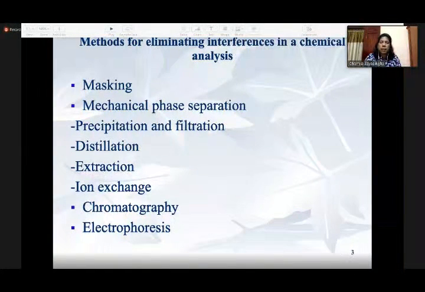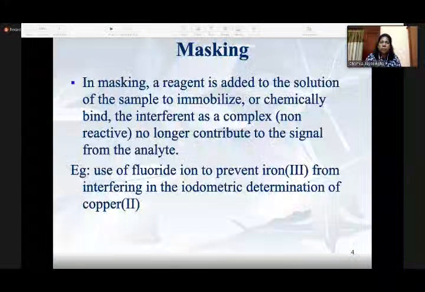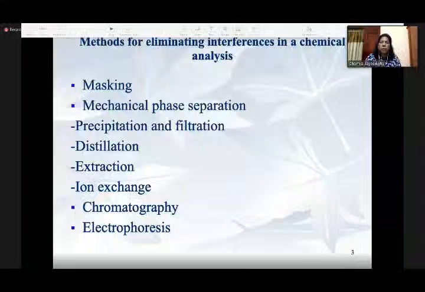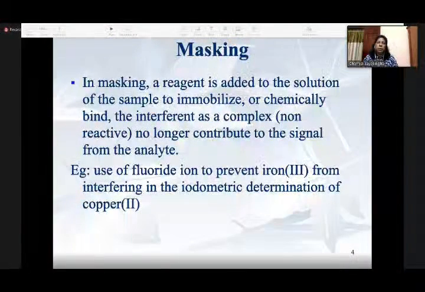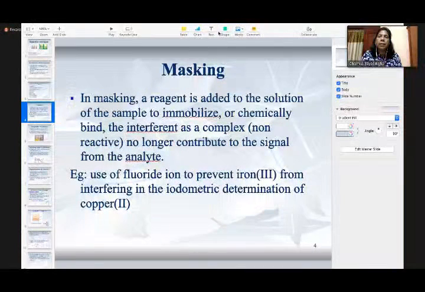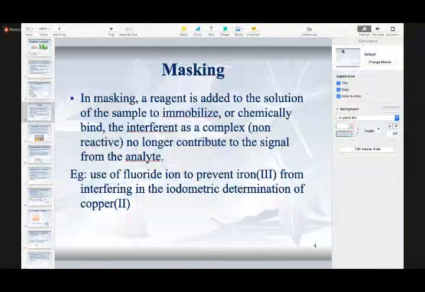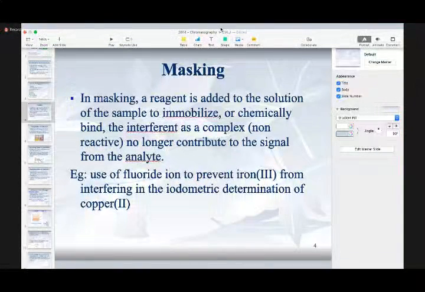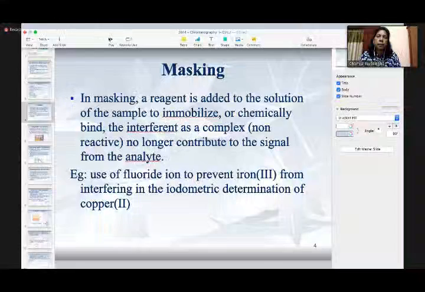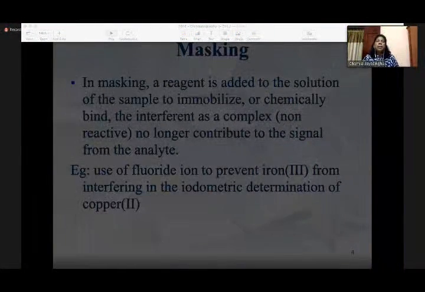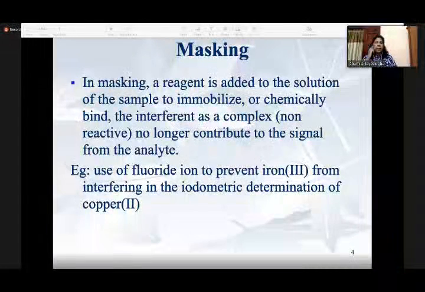When we talk about masking, in masking, a reagent is added to the solution of the sample to immobilize or chemically bind the interferent as a complex.